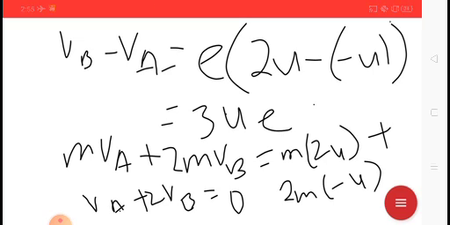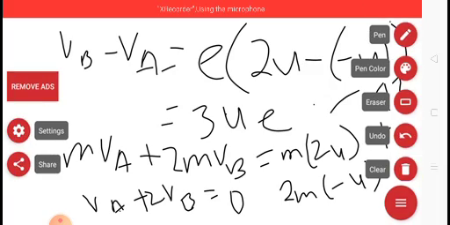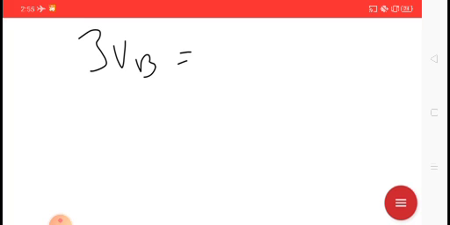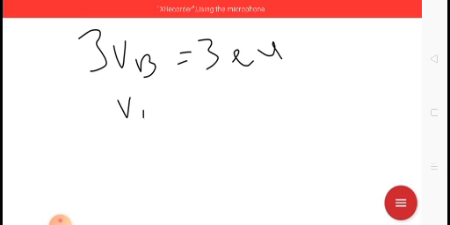Adding the first equation and the second equation together, you have 3VB equal to 3eu, and VB will be equal to eu.